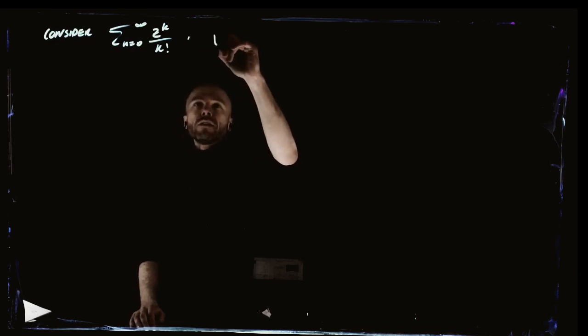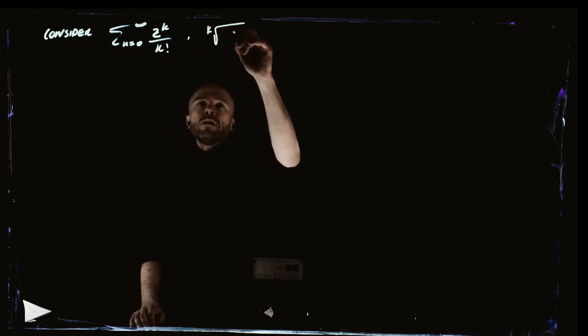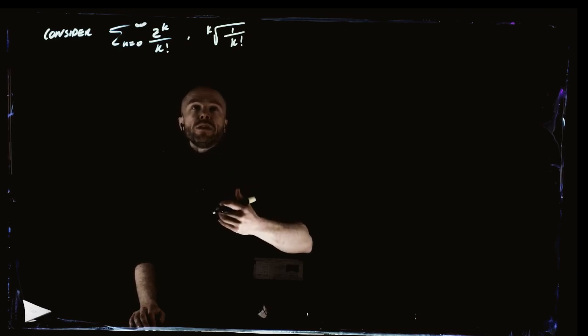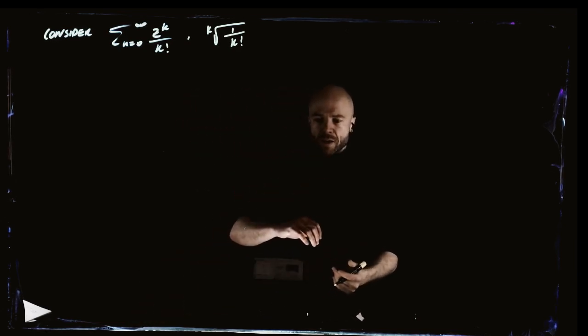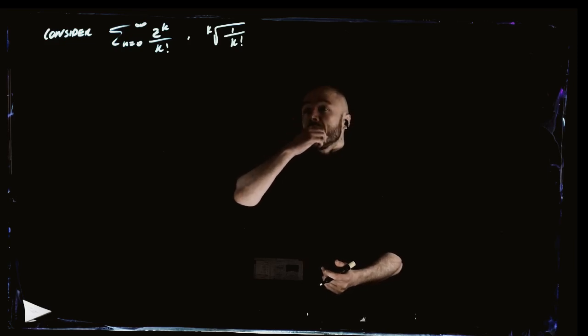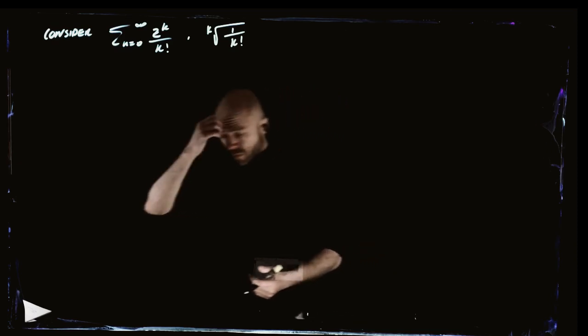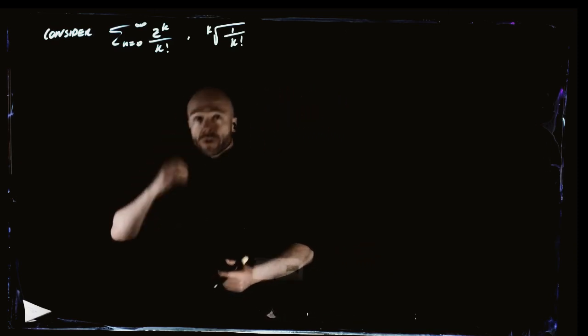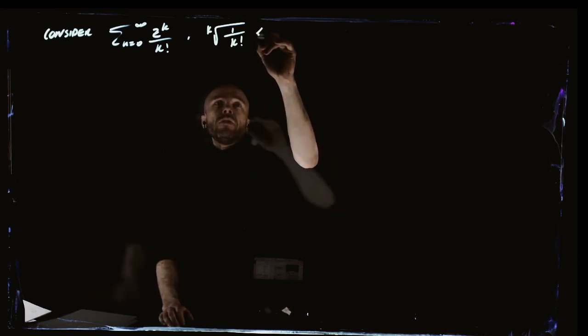So if we try and take the kth root of 1 over k factorial, then the lim sup of this thing is 1 over r. Let's estimate this from above.